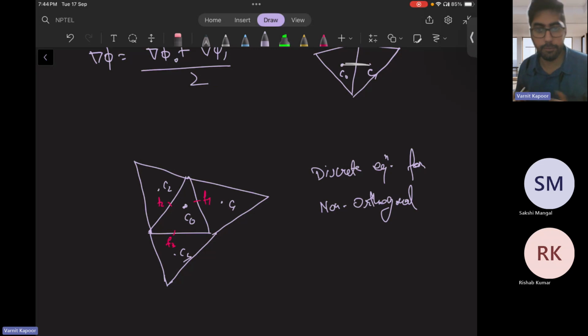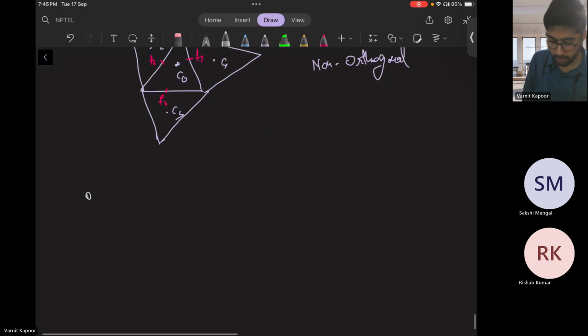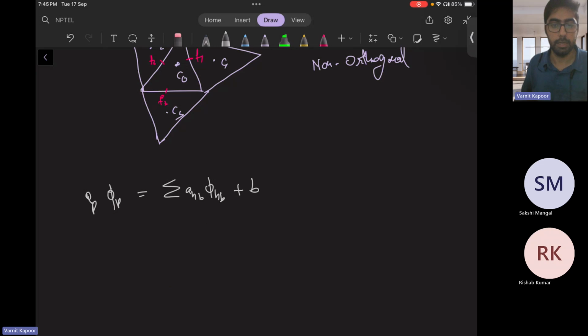If we write similar equations for each face and assemble them, then for cell C0 we would write the equation as a_P phi_P equals the summation of a_nb phi_nb plus b_P, where the a_nb are the coefficients for the neighboring values.